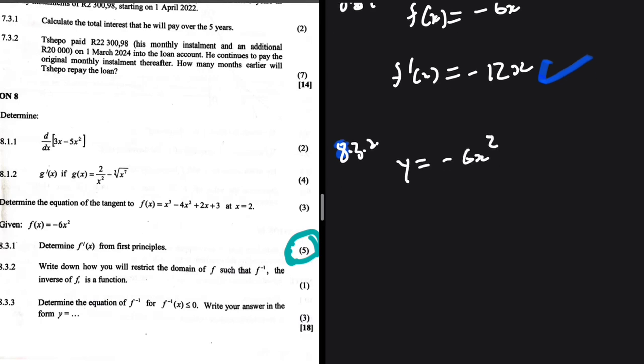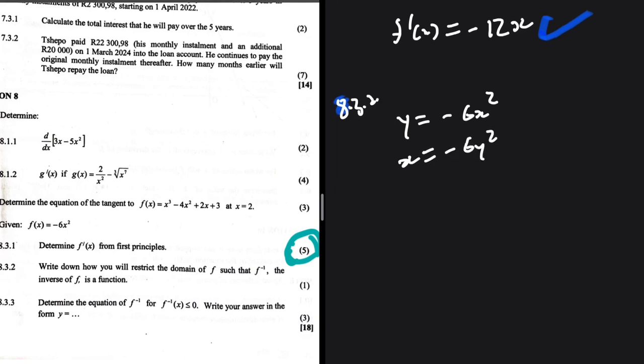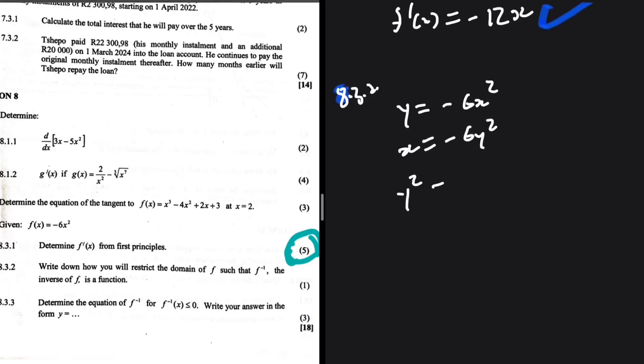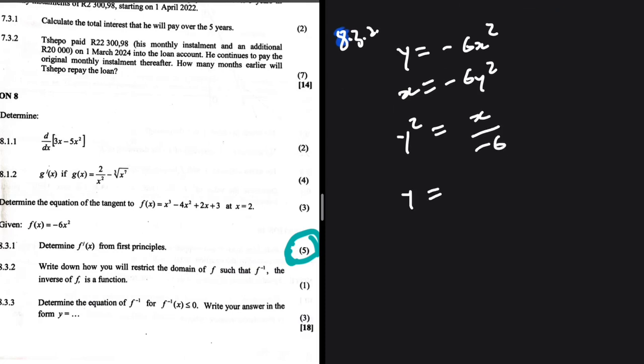So the inverse is x equals minus 6y squared. So we end up with y squared being equal to x divided by minus 6. So y is equal to plus or minus the square root of x divided by minus 6.